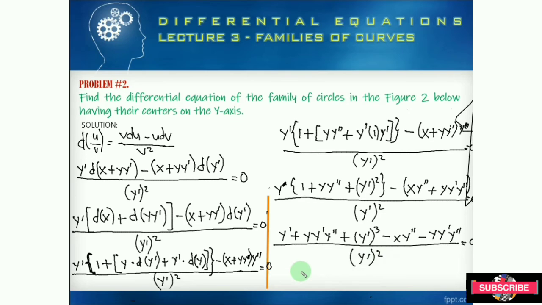Okay, so if you can observe, we have plus y prime y double prime, and we have also minus y prime y double prime, so we can eliminate this one and this one.